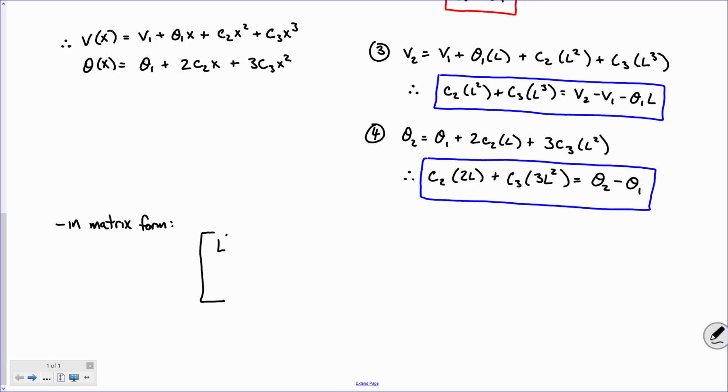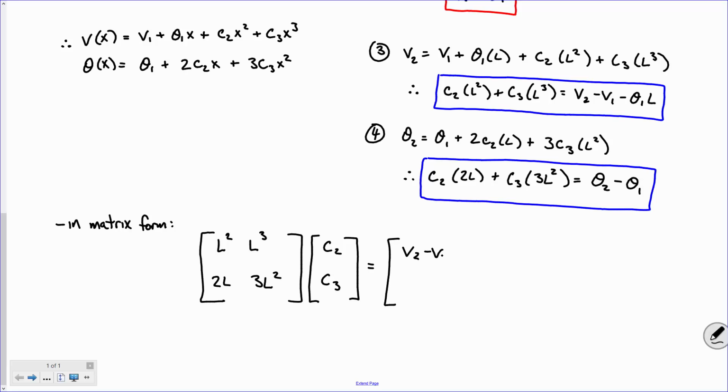I have L squared, L cubed, 2L, 3L squared, times C2, C3, equals that expression there, and theta 2 minus theta 1.